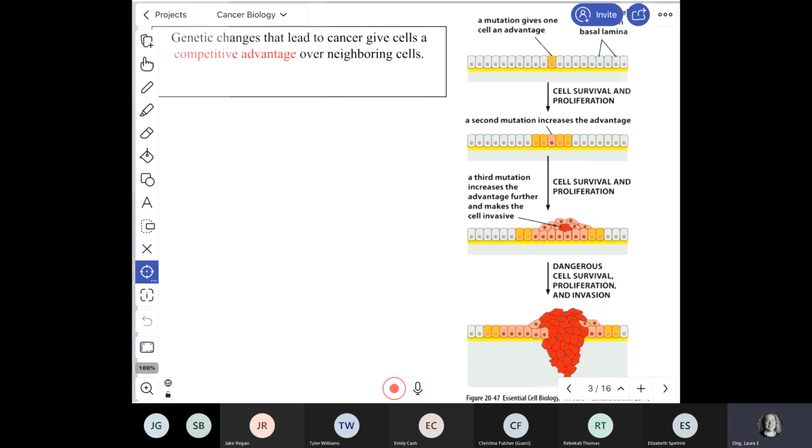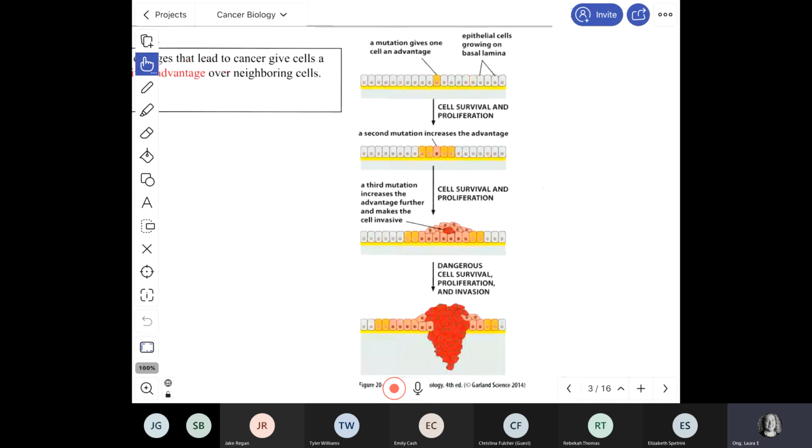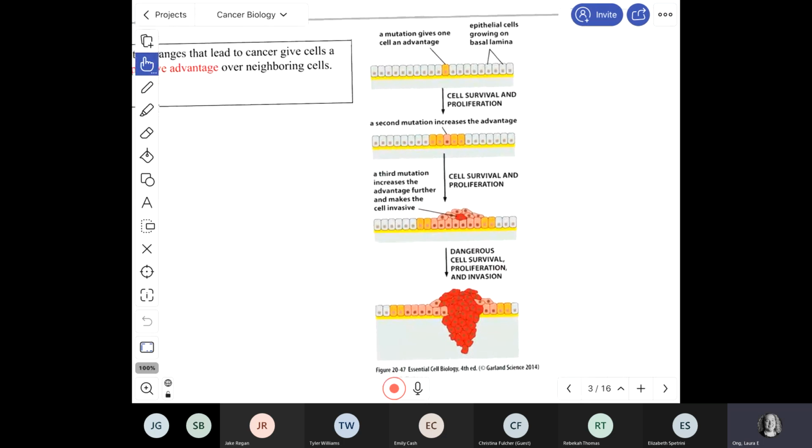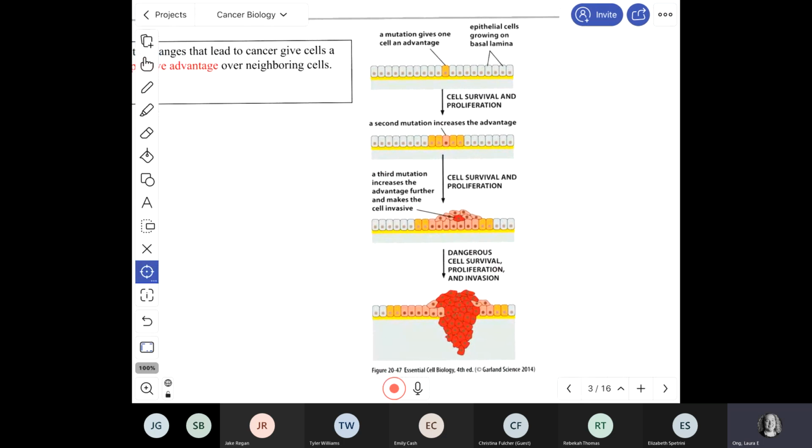So when cells start to have a cell cycle problem, it's going to come from a mutation.